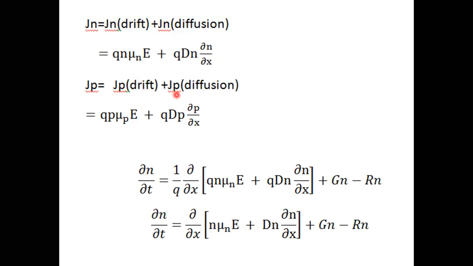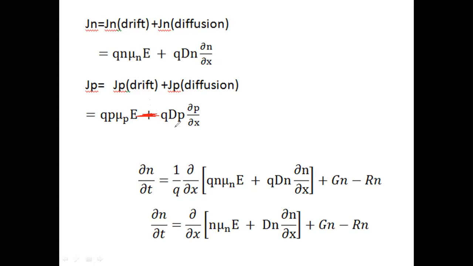due to holes which are diffusing. Okay, so one thing, I made a mistake here. If you look at this, the current density due to holes, it will become negative here. Right? q p mu p into E minus q Dp dou p by dou x.